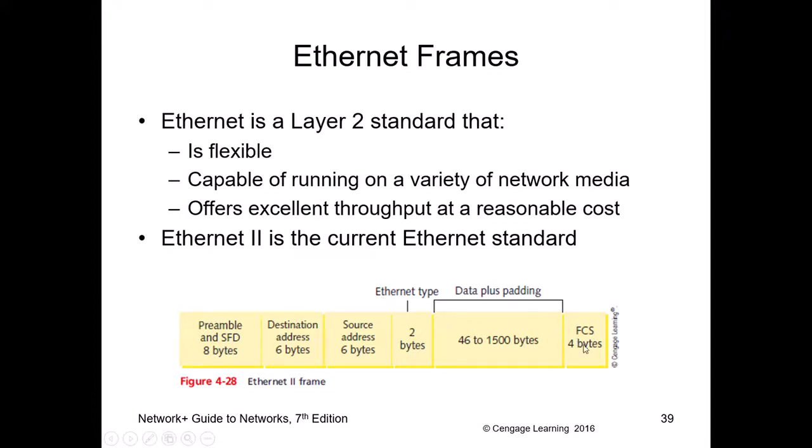That code looks at the data, how it's set up, and comes up with a hash number, and stamps it right here as the FCS. It's 4 bytes. When you send the frame out and the guy receives it on the other end, he's going to run the same frame through the same hash, and the number comes up, you match it with what's stamped on the frame as the FCS.